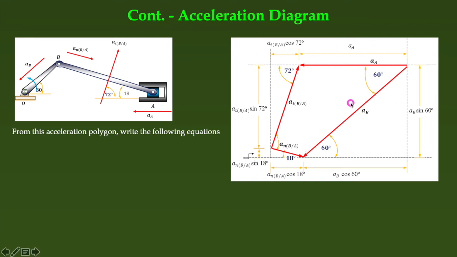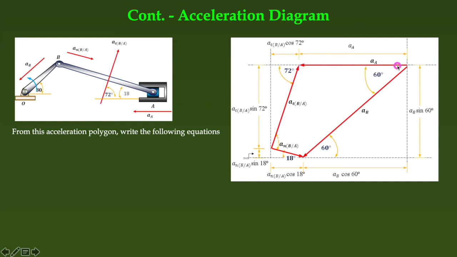From this diagram we are using some more simple calculations. Say here we have drawn a rectangle. Within the rectangle the acceleration diagram is there. Now individually we can calculate these segments.